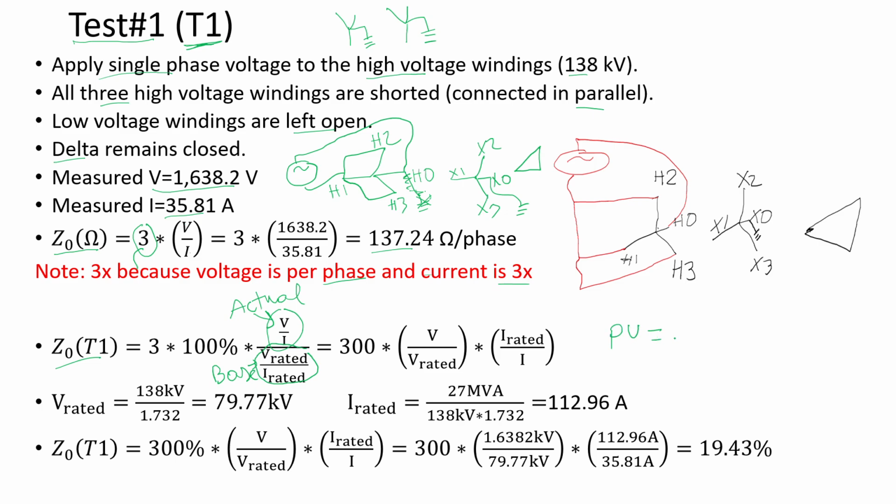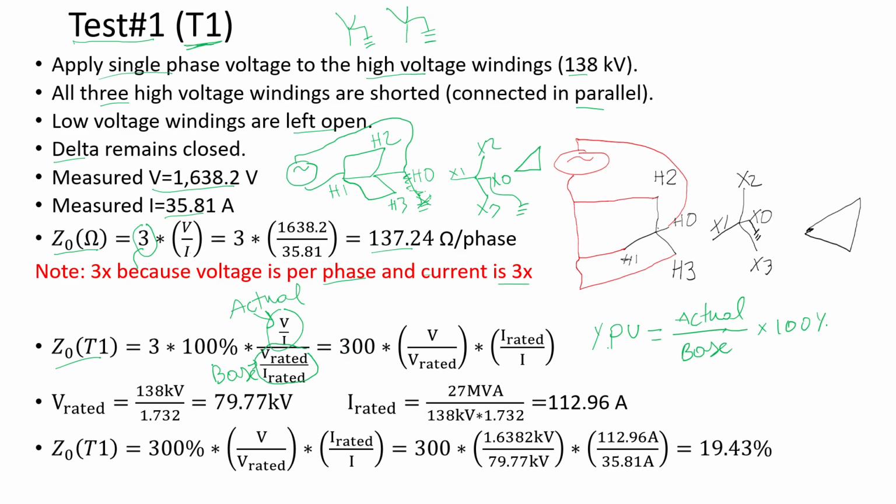So per unit quantity is the actual divided by the base. This is per unit. Obviously, if you want percent, you just do times 100%. So that's what I'm doing here. So the measured voltage divided by the measured current, the entire thing divided by the rated voltage divided by rated current.